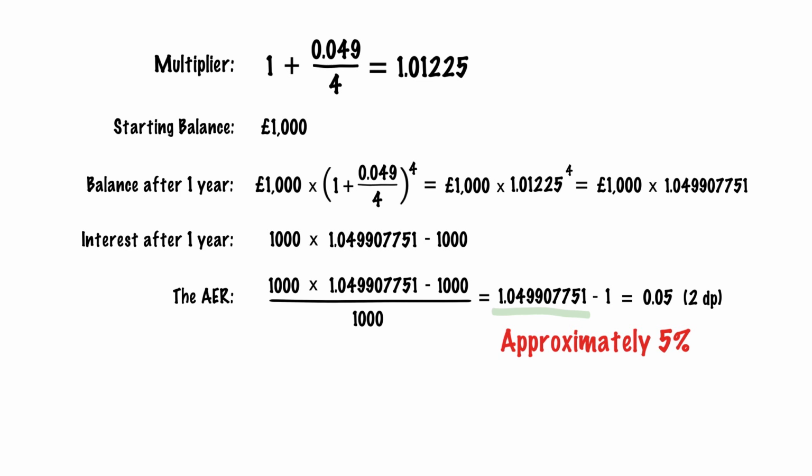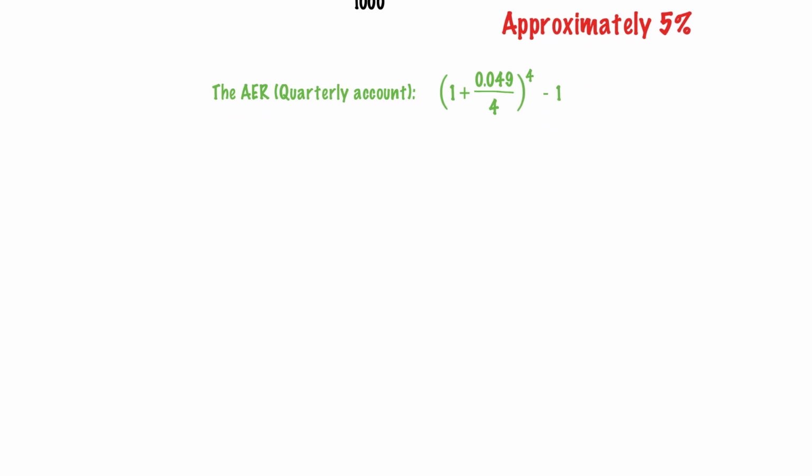Now if we go back to this line here, remember that this decimal is the multiplier to the power of 4, where 4 is the number of compounding periods. So we could have written the AER for the quarterly account as 1 add 0.049 over 4 all to the power of 4 subtract 1. And we can use this to create a general formula for working out the AER.